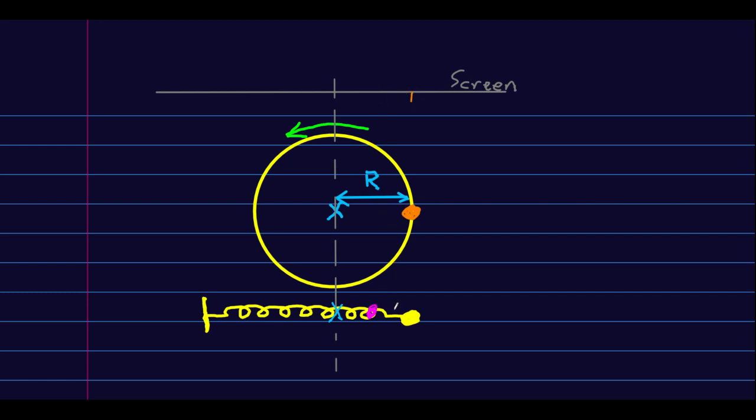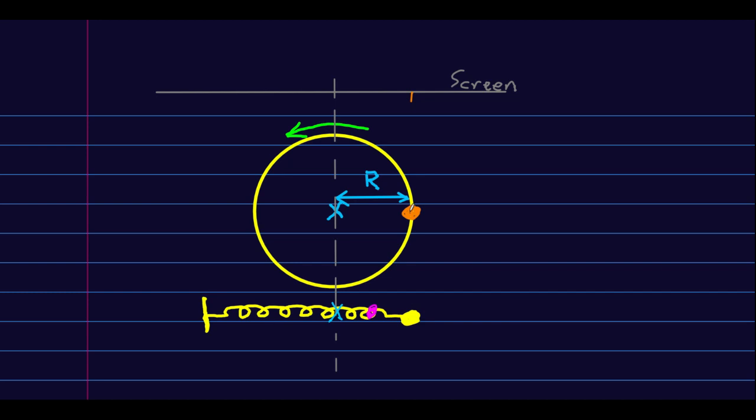And so there's no hope for the shadows to stay lined up if we haven't matched the amplitude with the radius and matched the periods. But the surprising thing is that if we do manage to match those, they do stay lined up. They're very different seeming motions.